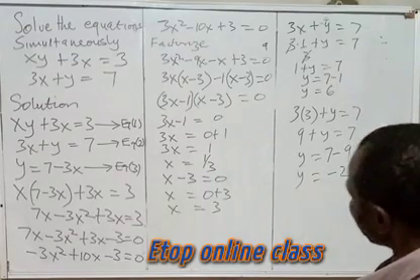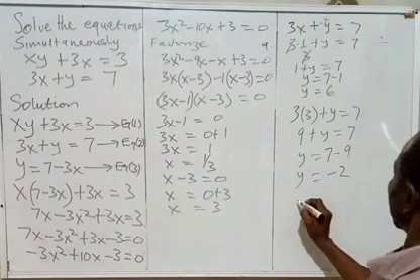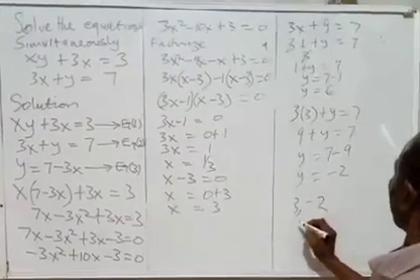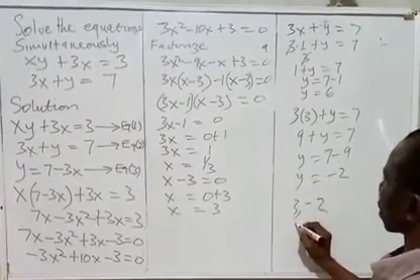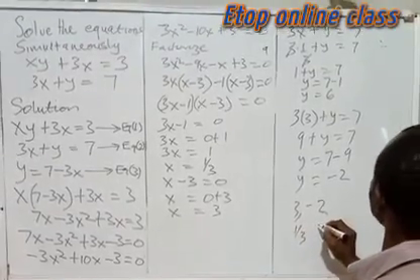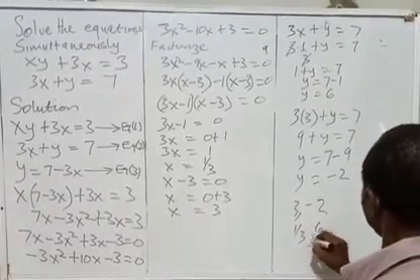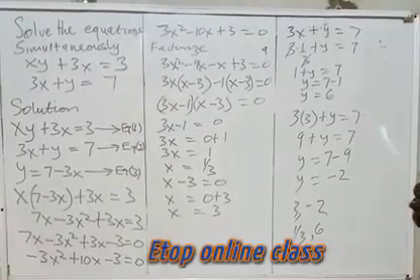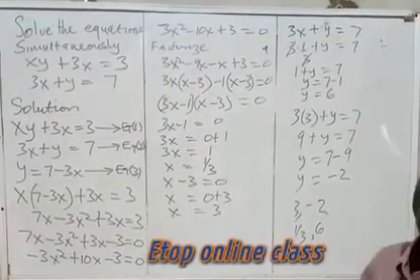So whenever x is 3, y is minus 2. And whenever x is 1 over 3, y equals 6. Now, these are the solutions to the simultaneous equation.